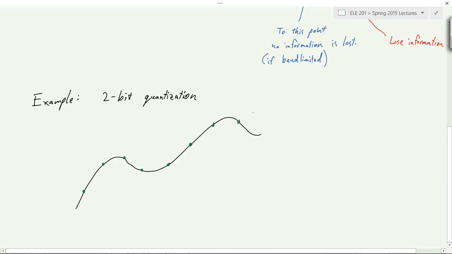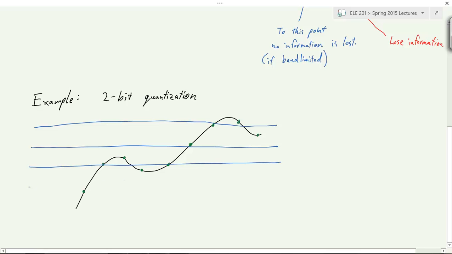Okay. Now, the quantization step, the analog to digital converter, if it's 2 bits, is going to do something like this. It's going to have, let's say, these horizontal lines. It's going to have something like 4 different values, each assigned to a 2-bit number.